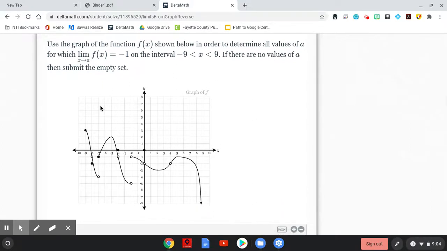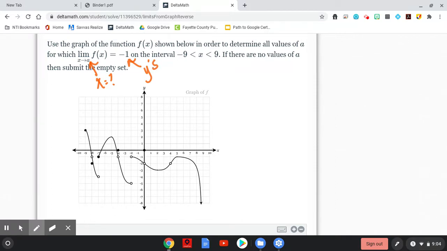So this means I have to find all the x values. So a is the x values. So what are the x's that give me a limit? And think of that -1 as a y. So for what x values are going to give me a limit of -1?